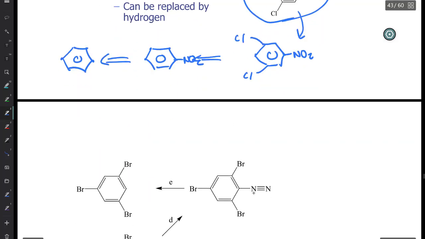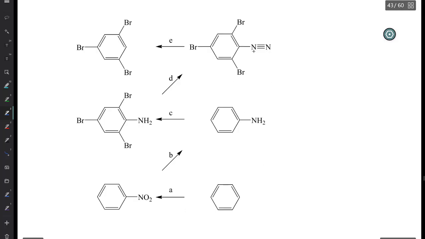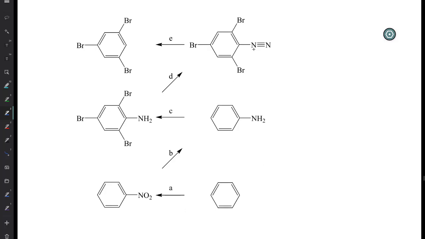So let's look at these two in more detail. A lot of steps are involved. This is the starting point. Let's start with the nitration, which is A. Then we do the reduction to NH2, so that's a Clemmensen or tin/HCl type reaction. Clemmensen, remember, is the mercury-zinc reaction with HCl. Then you can do the bromination directly, so this step is just Br2.